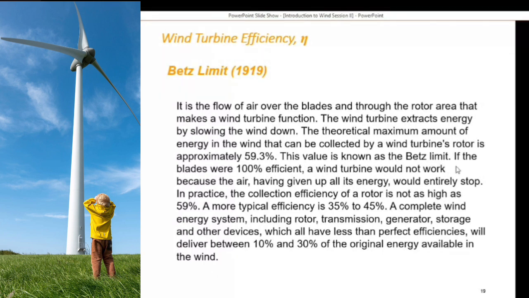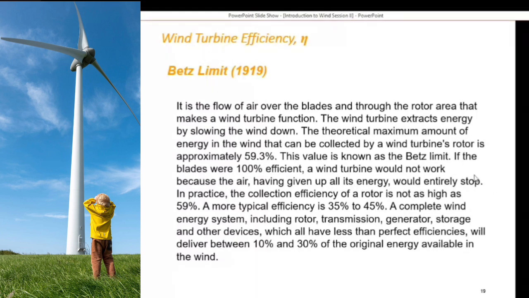If it were 100%, that is what I was explaining. If the blade were 100% efficient, a wind turbine would not work because the air, having given up all its energy, would entirely stop.